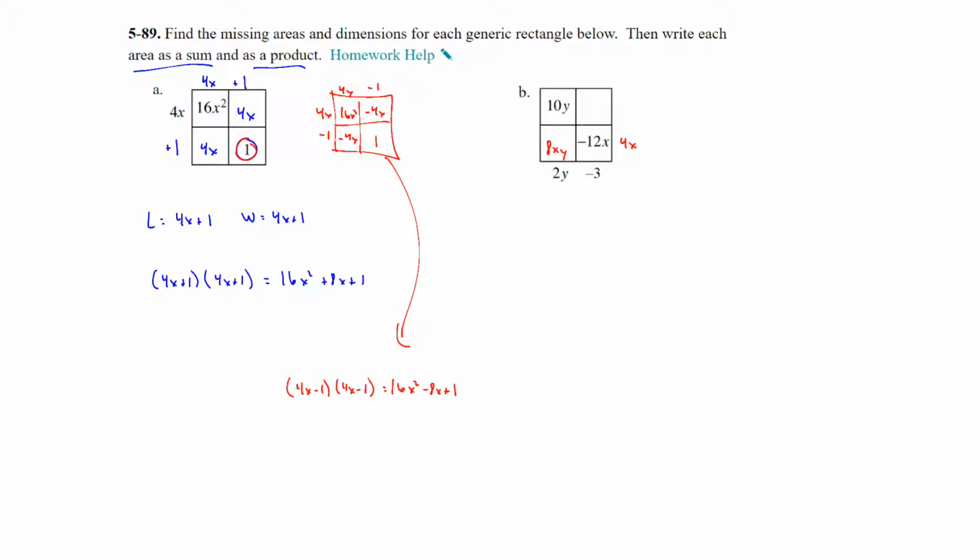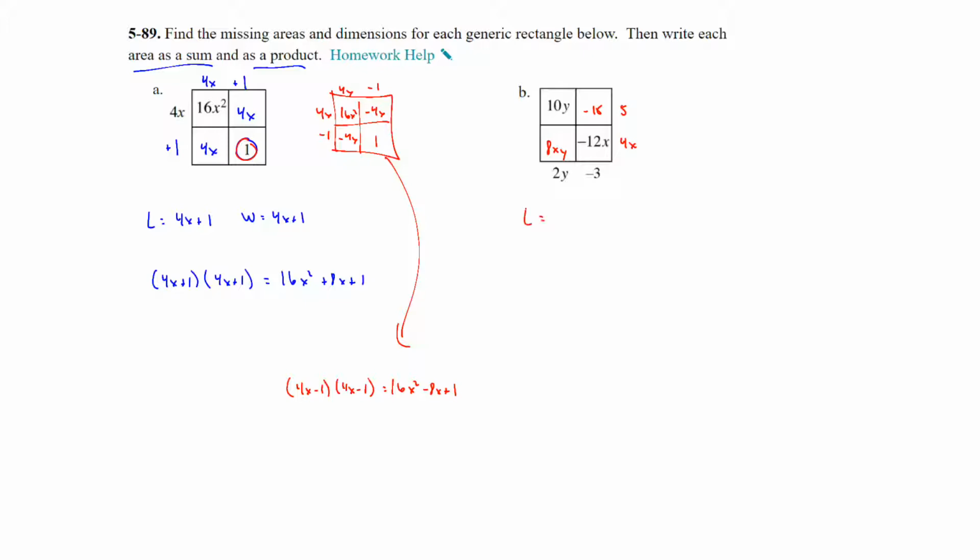And let's see, we have 10y here, knowing that this length right here is 2y, so this length would be 5, and I can move that to that side as well. So 5 times 2y would be 10y, and therefore 5 times negative 3 is negative 15.